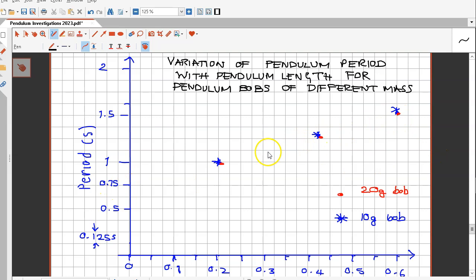Okay, so it's definitely not a straight line. So it's not a good idea to draw a straight line through it. If it has 0 length, then actually you should expect to have 0 period. So obviously this must curve down like this, but we're not really sure what the function is right now.